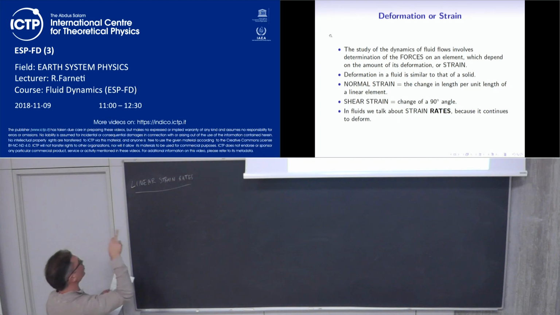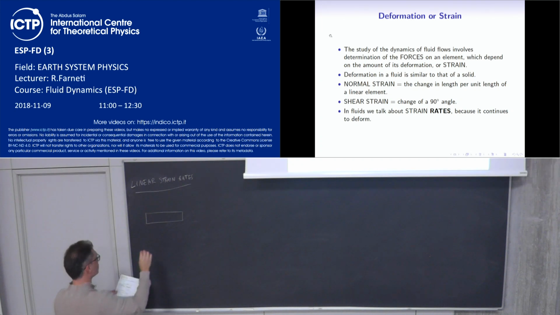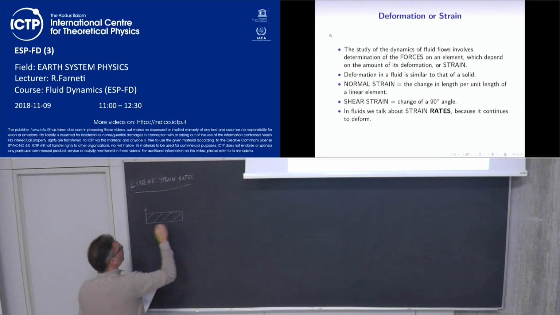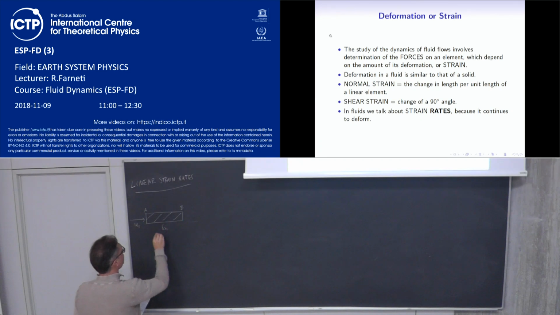Okay, so let's first talk about the linear strain rates, and let's make a simple example of an element of fluid, from some A to some B, and we have a velocity which is doing a linear normal strain to this element of fluid. This is some delta x1.